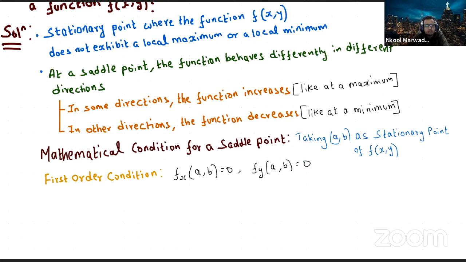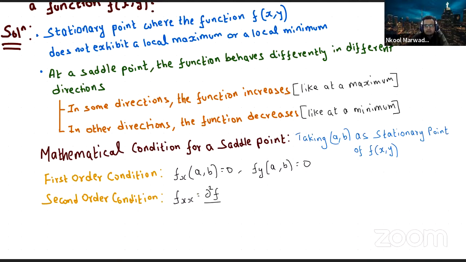Then we have to show the second order condition. In the second order condition, we know that we have to do the double derivative. So let us do that. f of xx, that is the double derivative of f with respect to x.